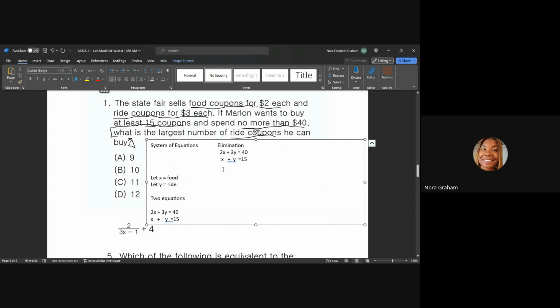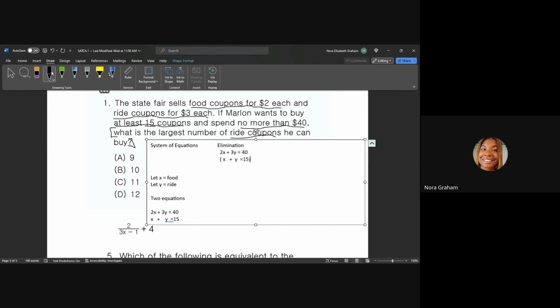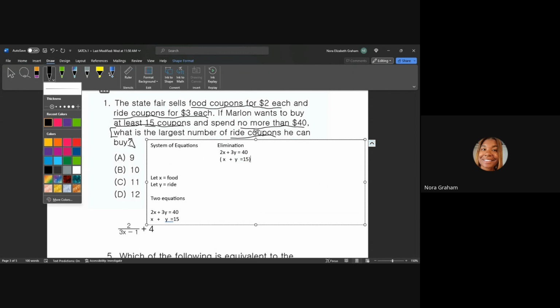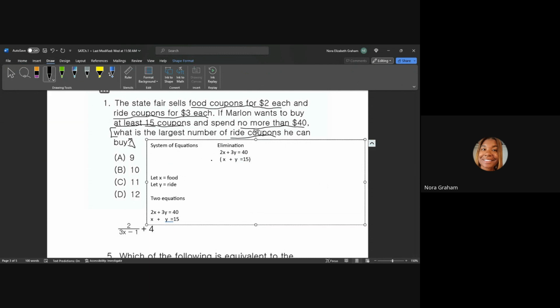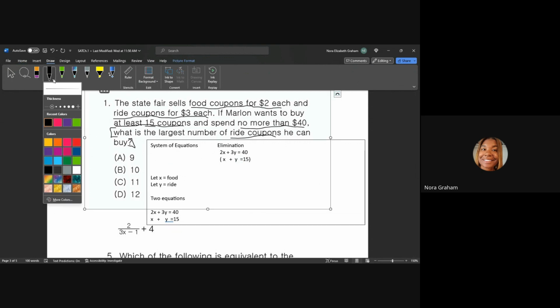I'm going to manipulate the second equation by multiplying all of these by -2. And that will allow me to eliminate that X. We'll see that in just a second. So that's -2.